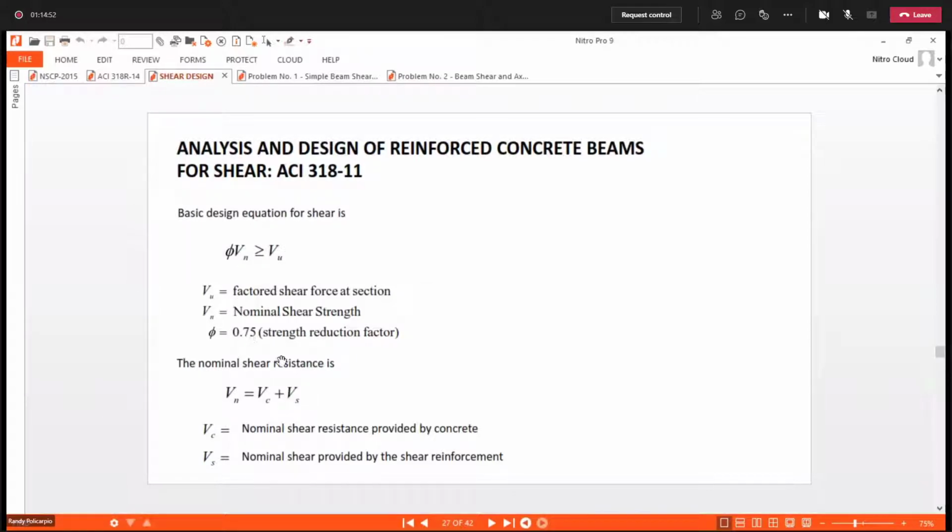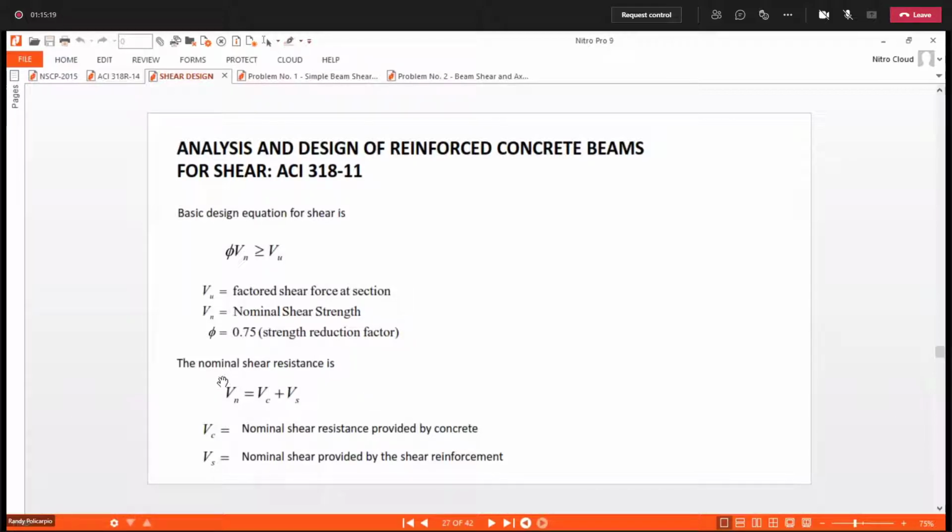The strength reduction factor for shear is 0.75. Even in the NSCP it is 0.75 also. I did not update this. It is the same as in NSCP 2015 and even ACI 318-14.